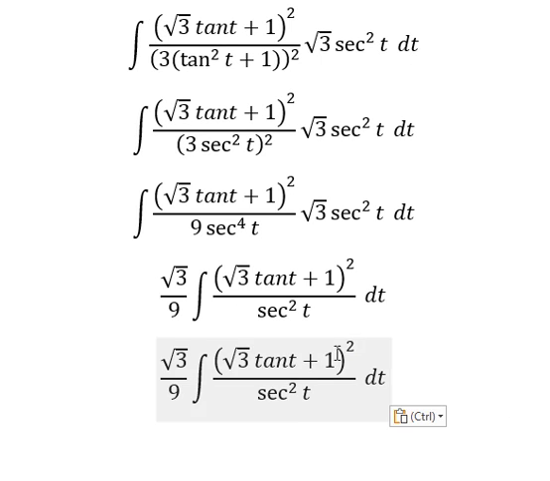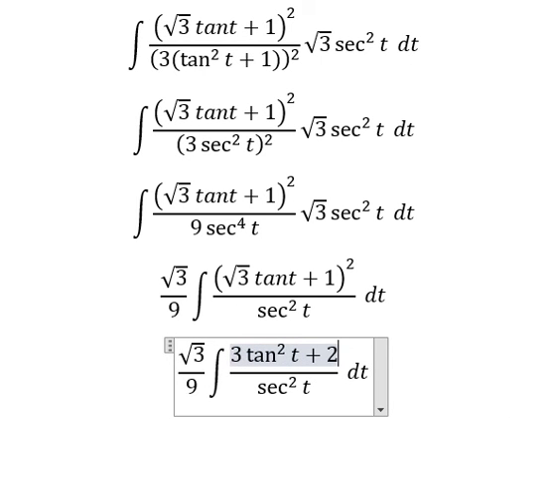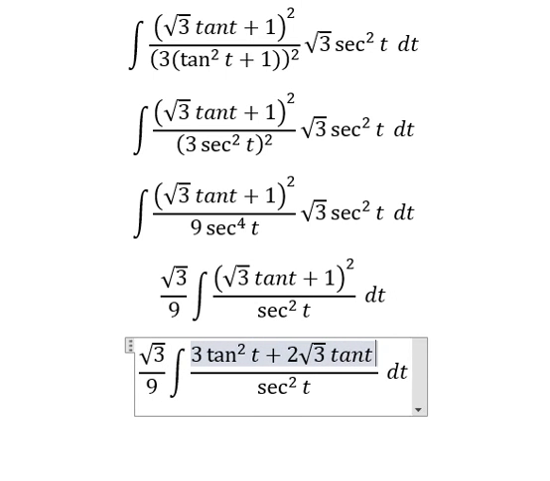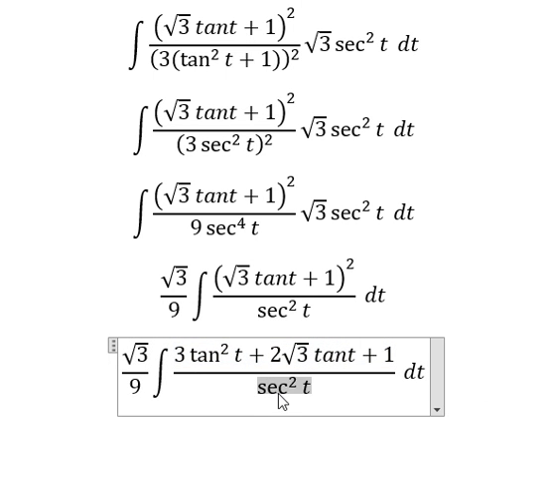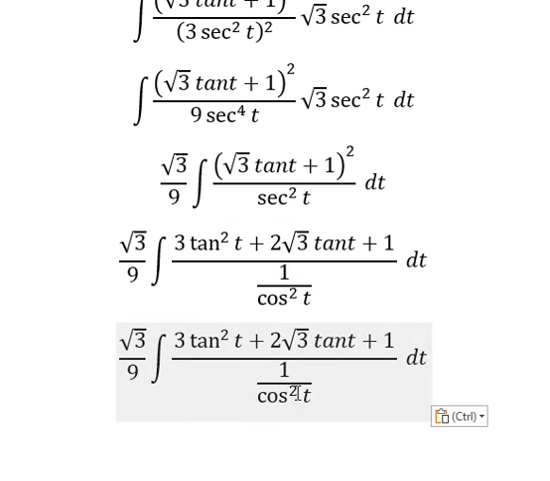Next, about this one, we need to expand. We know that secant of t is 1 over cosine t. So this one will go to the numerator.